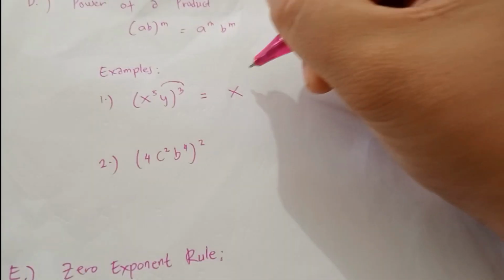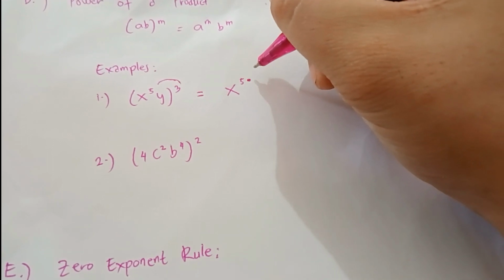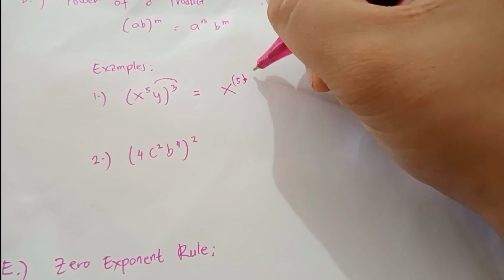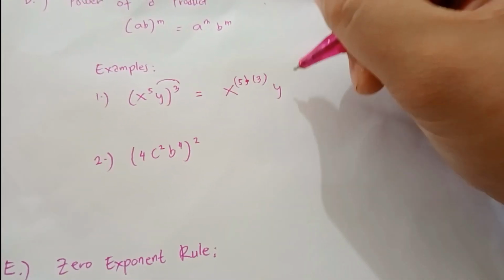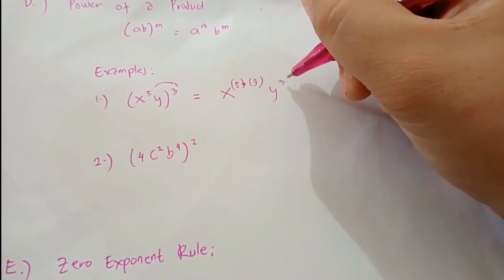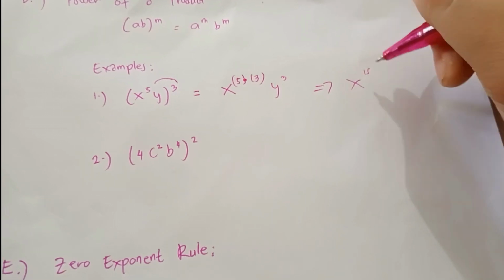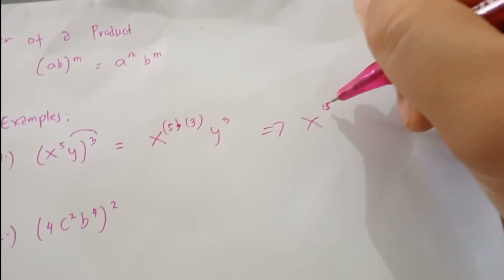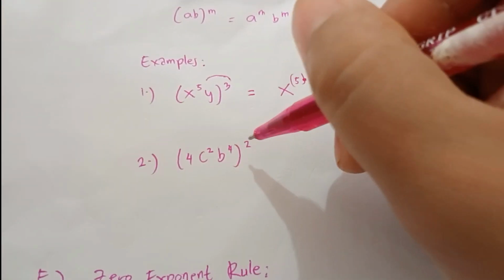You need to copy the variable x, then multiply the exponents. 5 times 3, we have 15. Okay? This is understood. Then let's proceed to y. Then multiply the exponent to y. So we have y cubed. Our final answer is x raised to 15 y cubed.